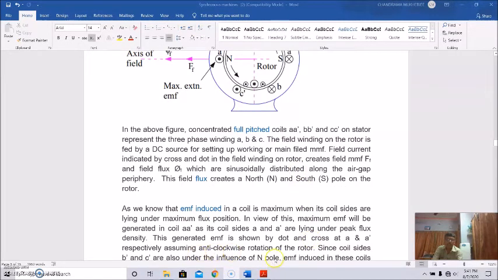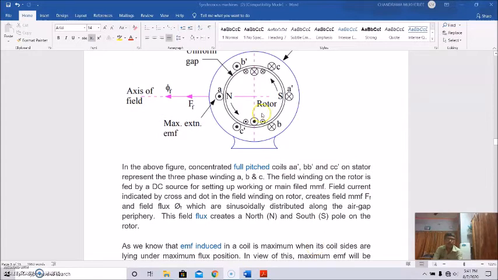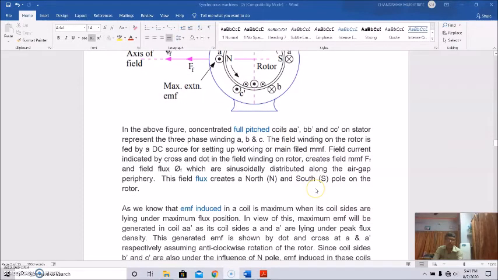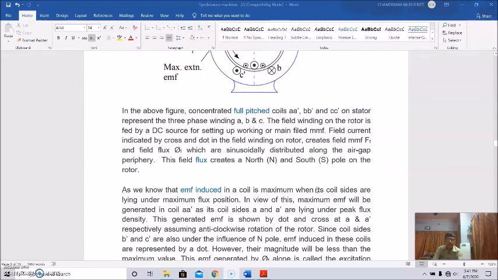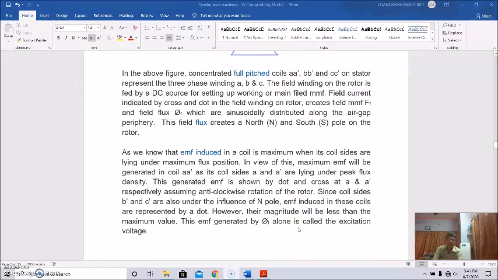Assuming anticlockwise rotation of the rotor, since coil sides B dash and C dash are also under the influence of the north pole, the EMF induced in these coils is represented by a dot. However, their magnitude will be less than the maximum values.